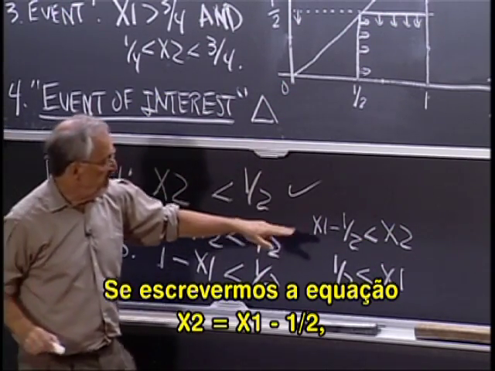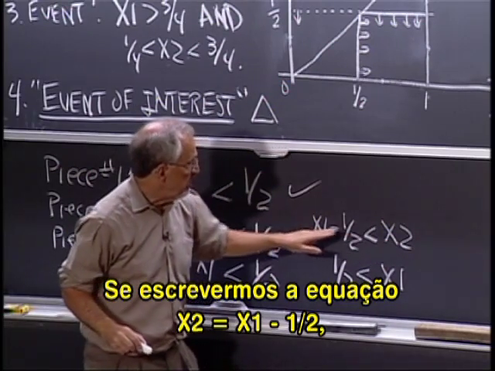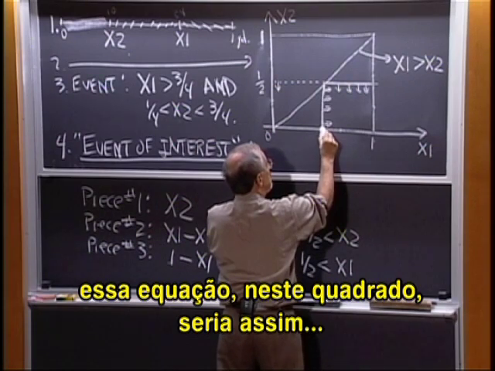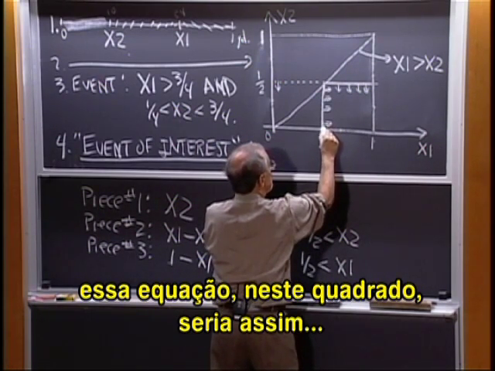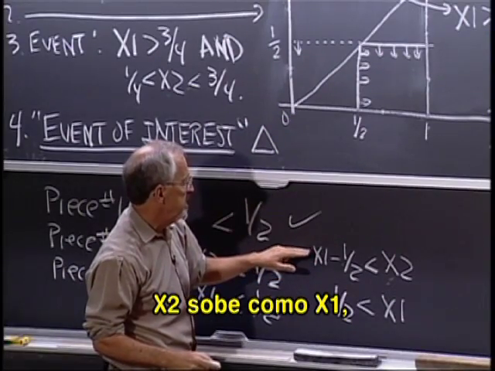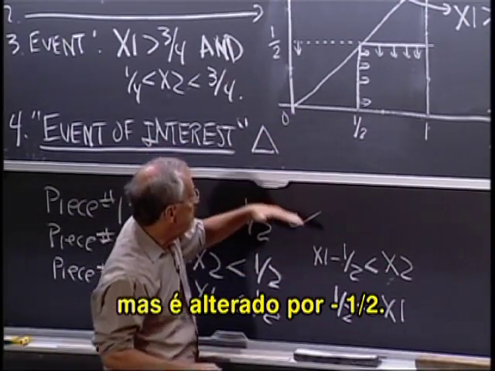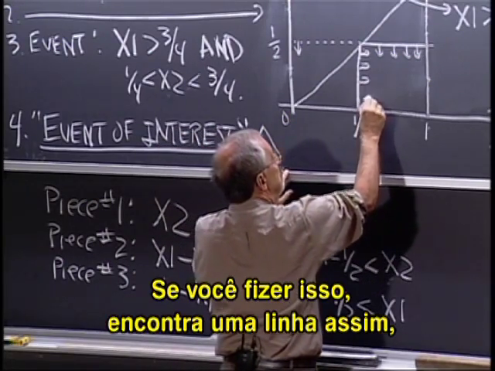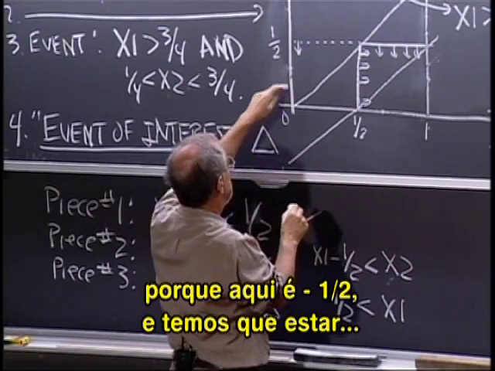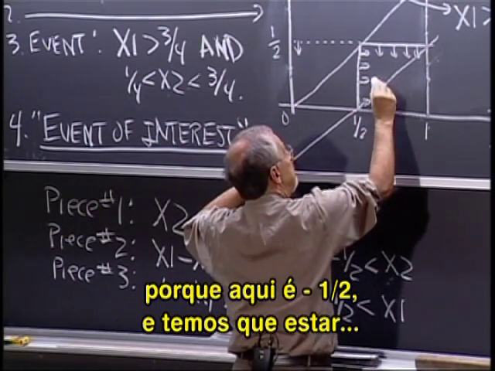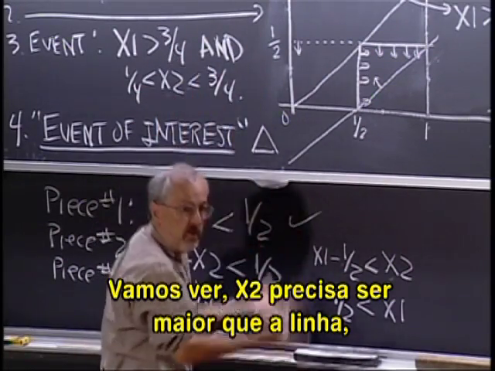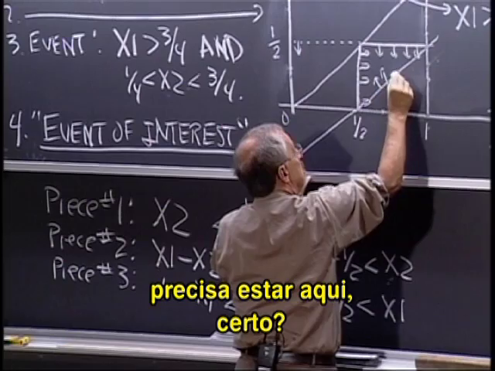If we were to write an equation, x2 equals x1 minus a half, I want you to think about this, but that equation, in this square, would have a slope of 1. x2 goes up as x1 does, but it's offset by minus a half. So you get a line like this, which goes down here to minus a half, and x2 has to be greater than that line, so you have to be up here like this.